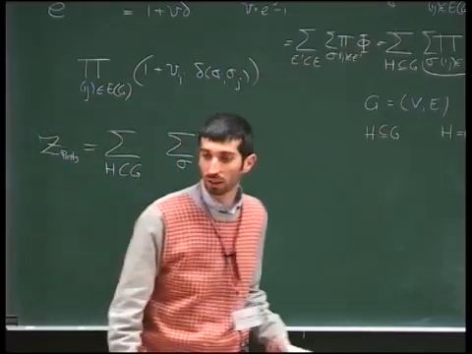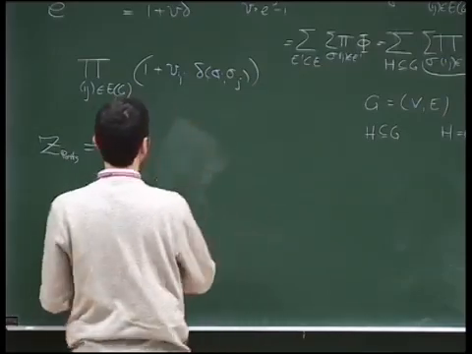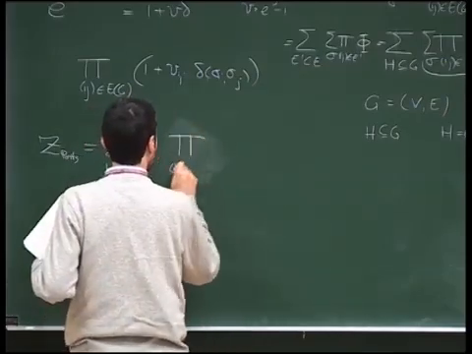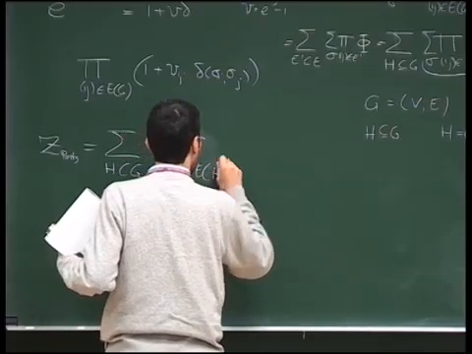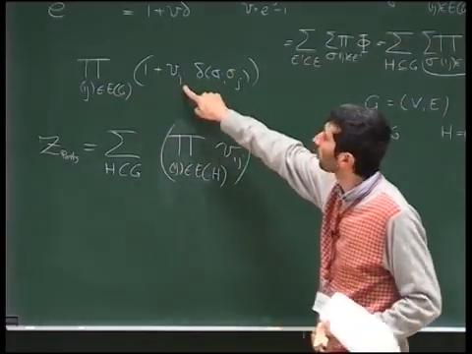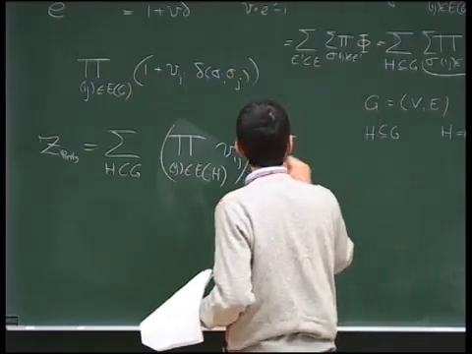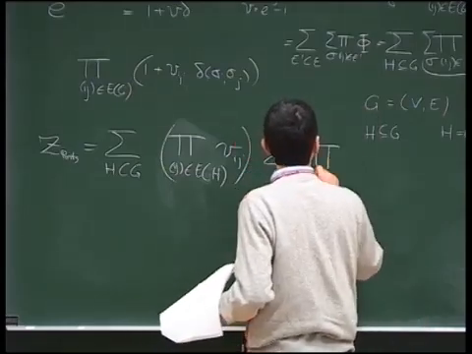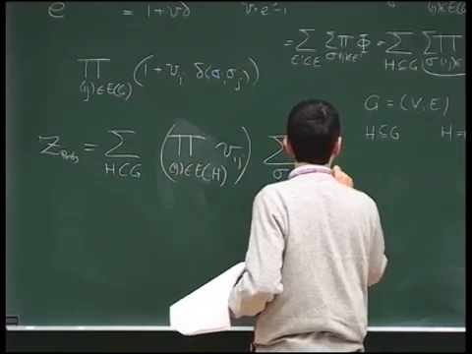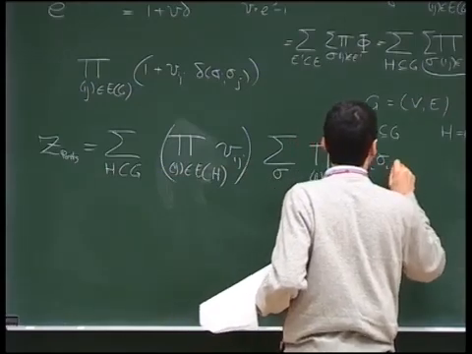I split them immediately because that's instructive. This is the trivial part. You just take factors which are numbers, so you take them away. Then you have the sum over sigma of the same product, which now has a bunch of deltas.